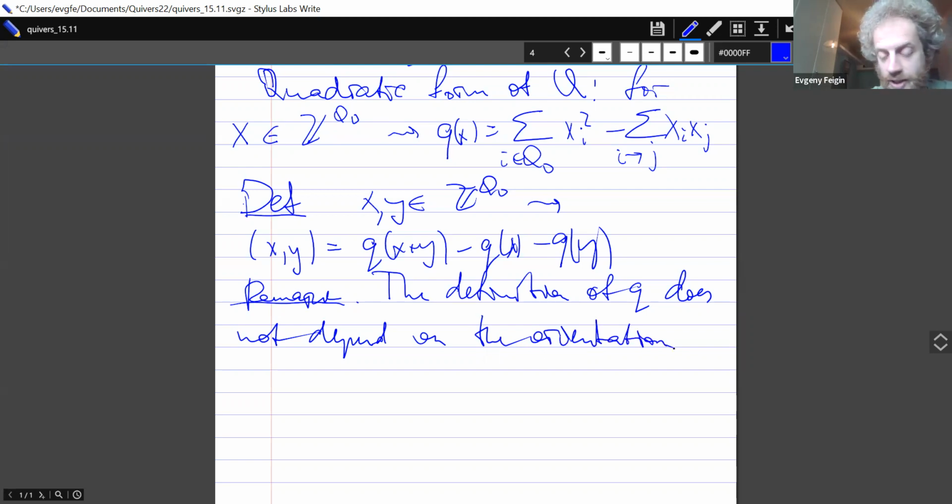Okay, so the only thing which matters is the number of arrows between the vertices.